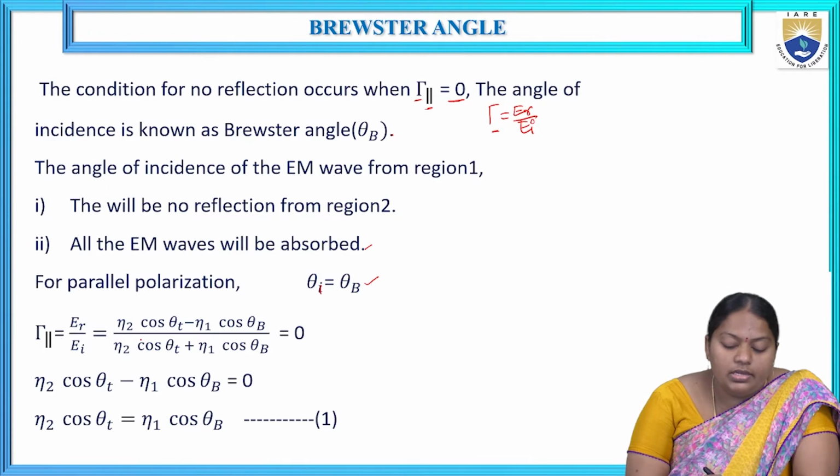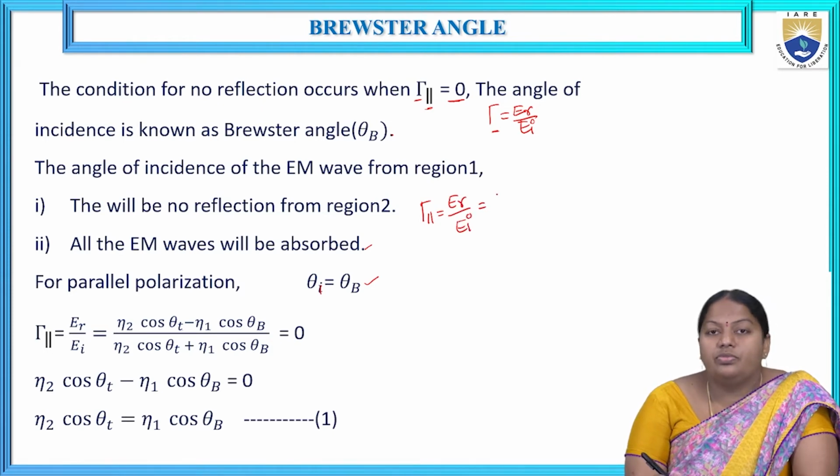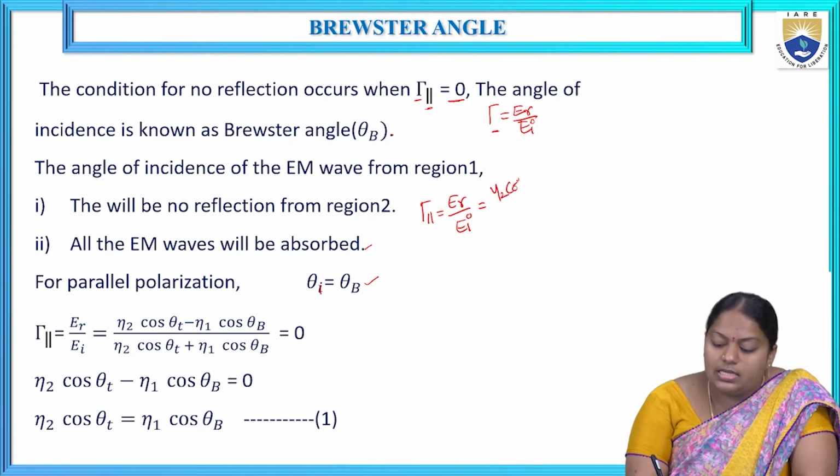Previously, in general, we represented it in terms of the transmitted and incident angles as gamma parallel equal to ER by EI equal to eta 2 cos theta t minus eta 1 cos theta I by eta 2 cos theta t plus eta 1 cos theta I.